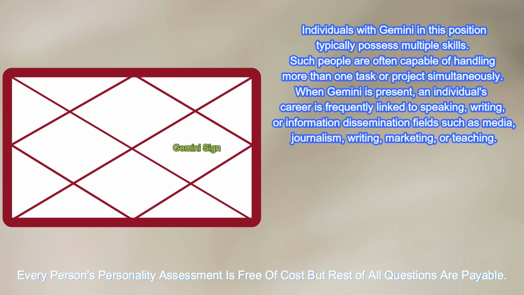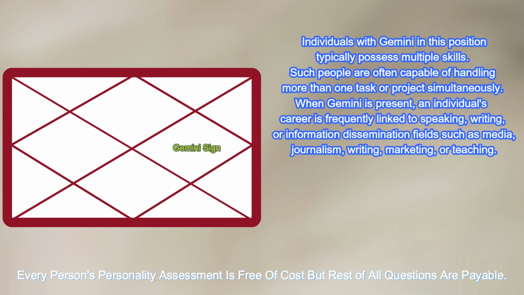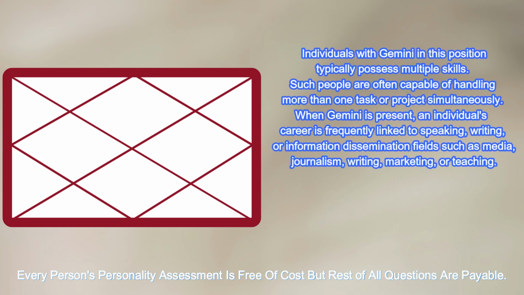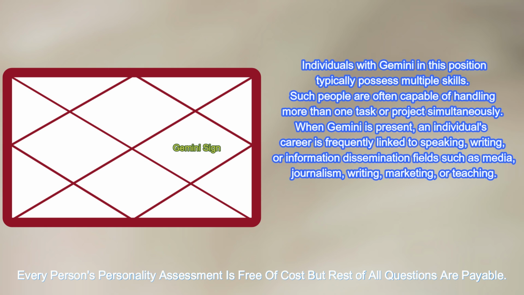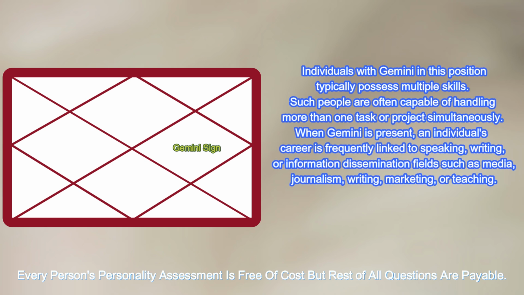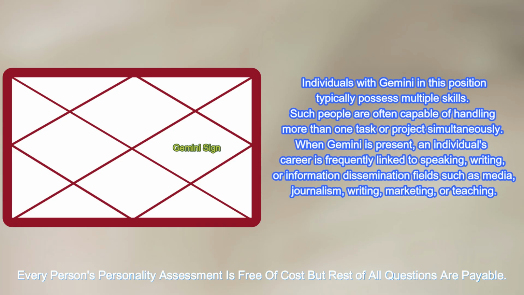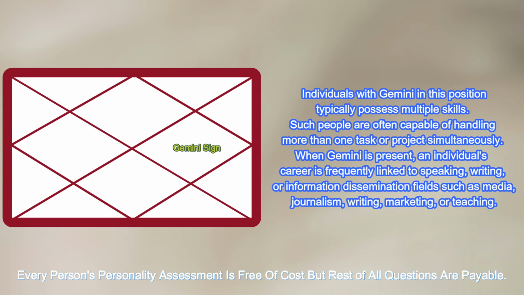Such people are often capable of handling more than one task or project simultaneously. When Gemini is present, an individual's career is frequently linked to speaking, writing, or information dissemination. Fields such as media, journalism, writing, marketing, or teaching.